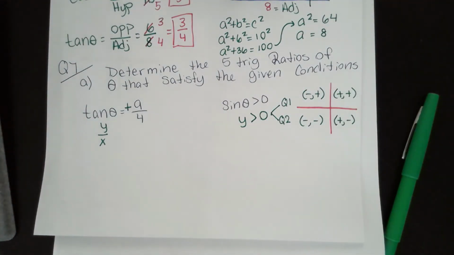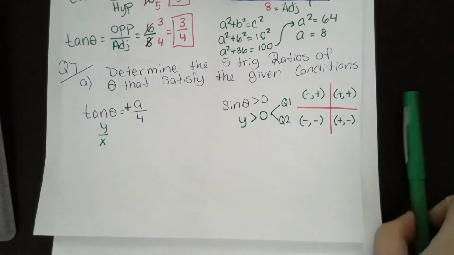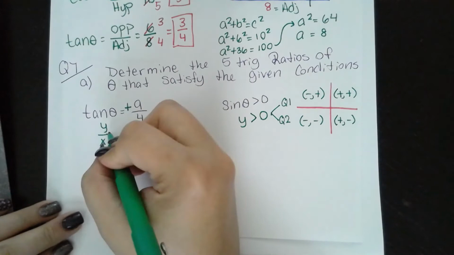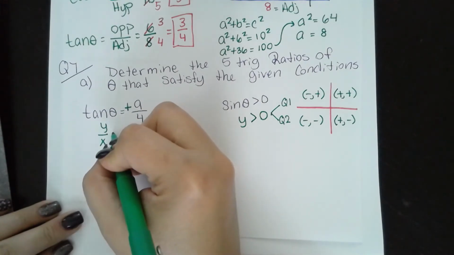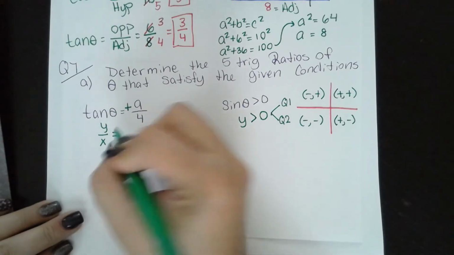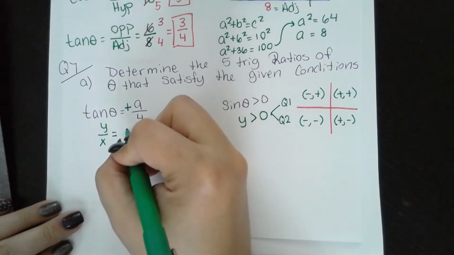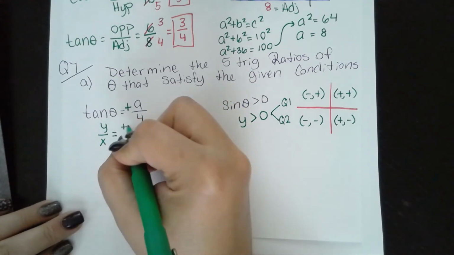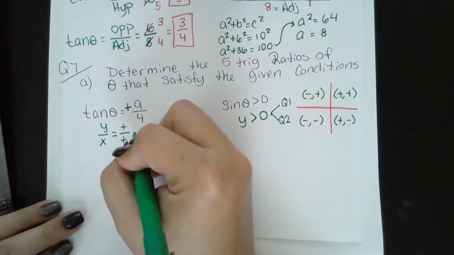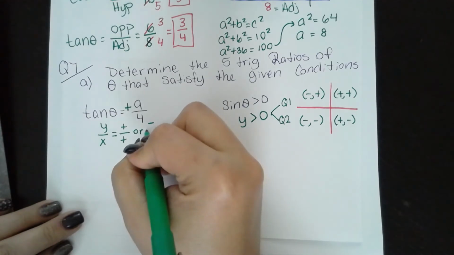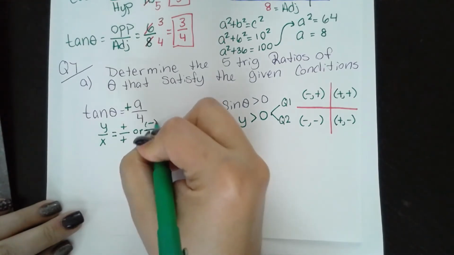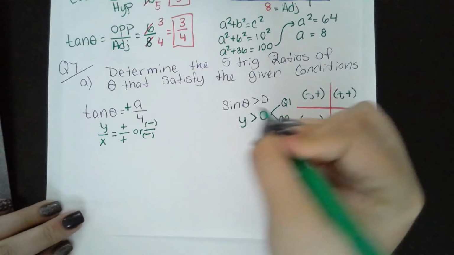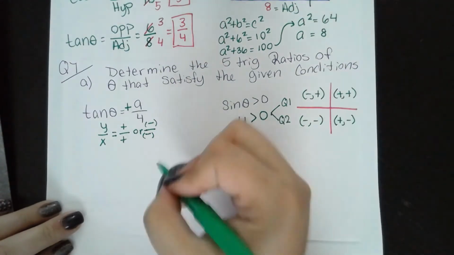You would divide by either 2 positives or 2 negatives. So this is also greater than 0, I would need a positive over a positive, or I can divide a negative over a negative. Those would both give me a positive.